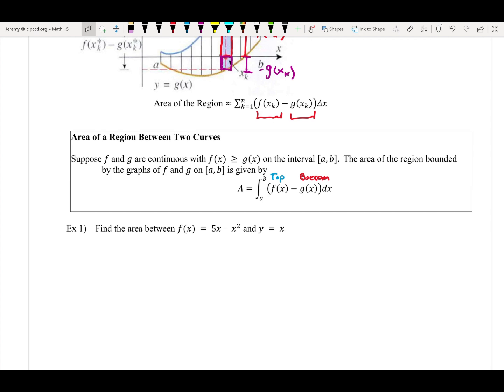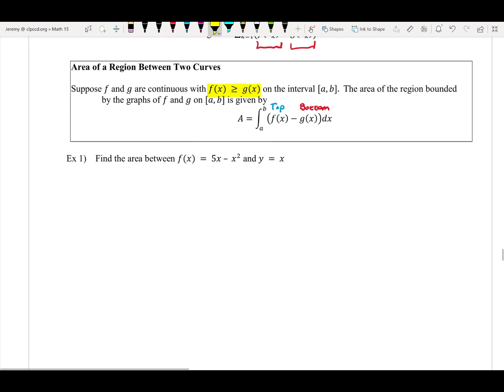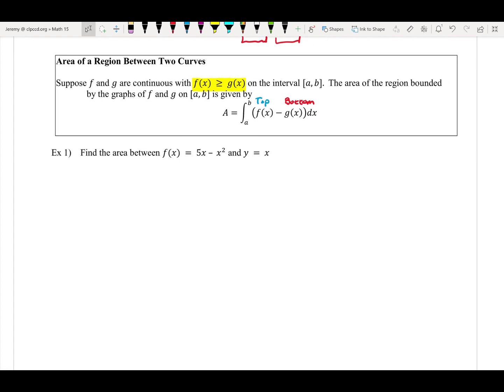That's what's being said in the first sentence of the definition: f and g are continuous with f of x greater than or equal to g of x on the interval a to b. We'll have to be mindful of that when working on these problems. Oftentimes I'll come up with a preliminary graph so that we can visually verify which function goes on top and which one is on bottom.